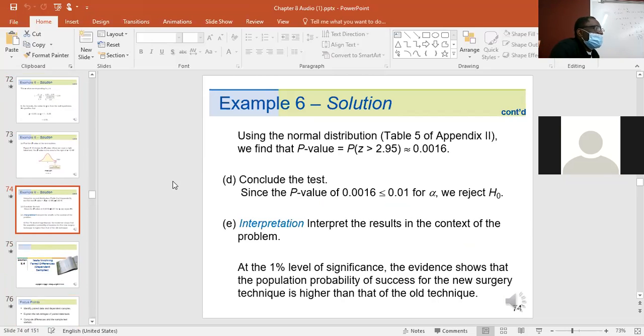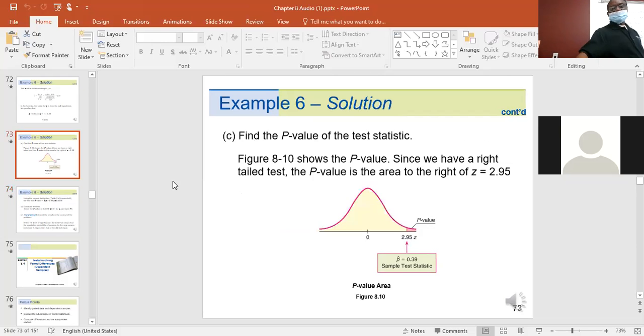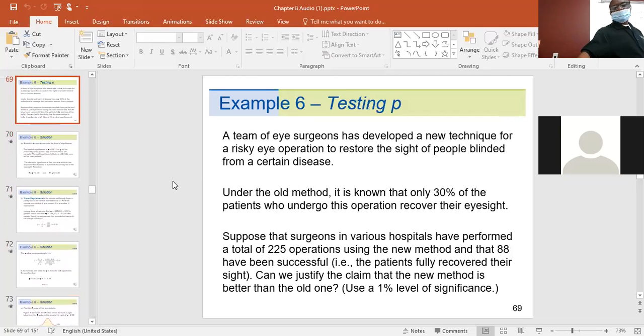From your calculator, you should see the p-value after the test value. You see p, 0.00. So alpha equals what? Do you remember what alpha was? 1%.